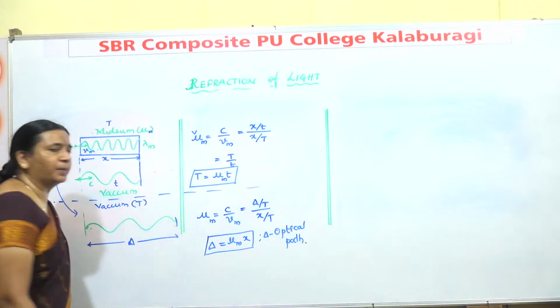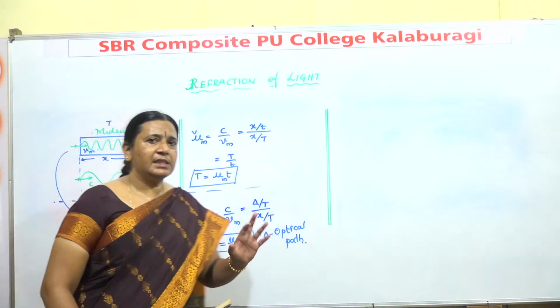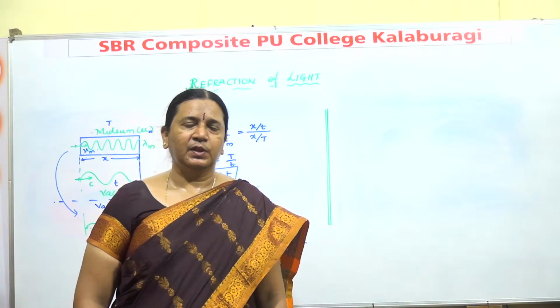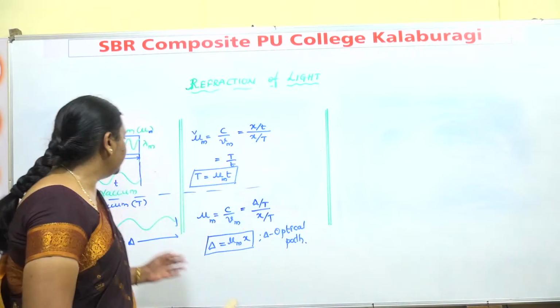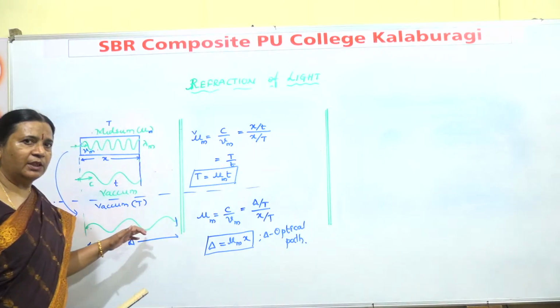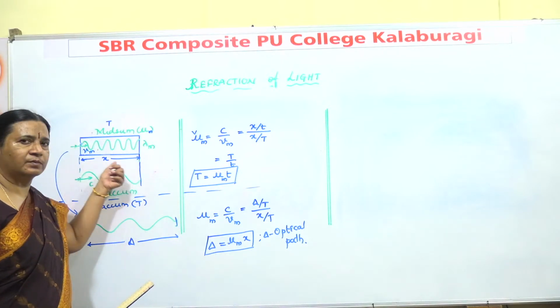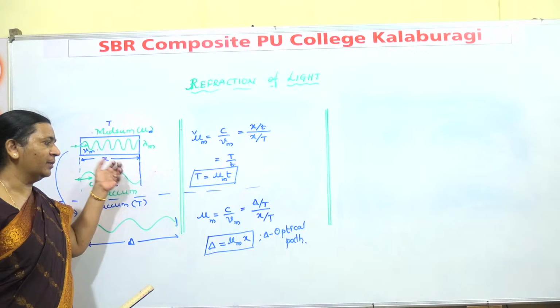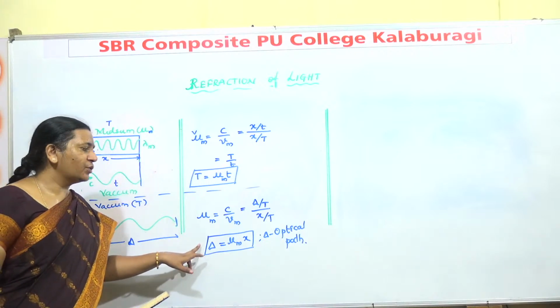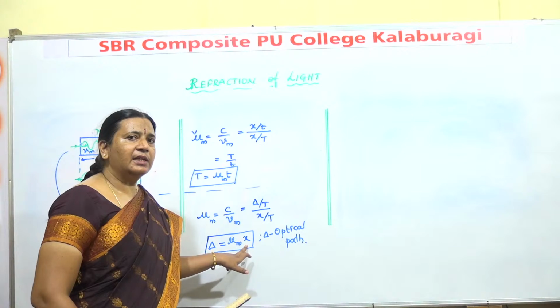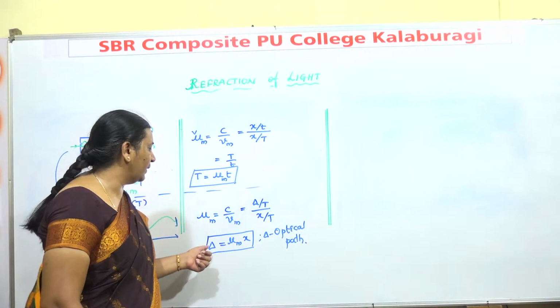So what is optical path? It is the distance traveled by the light in the vacuum in the same time as that of the light in a medium. And that is always going to be mu times the distance traveled by the light in a medium. So how will you define that?